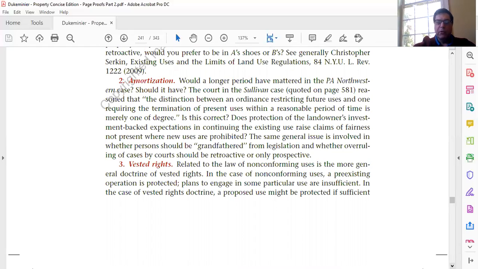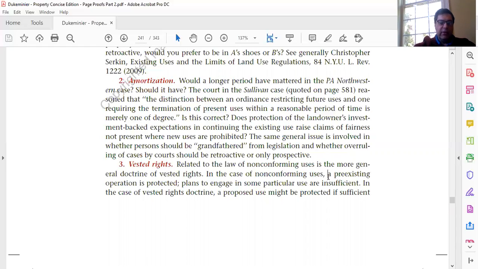So what if a person is in the process of developing property for a particular use, and then a zoning classification change takes place that would make that anticipated use non-conforming? When does the landowner get protection under the doctrine of non-conforming use?